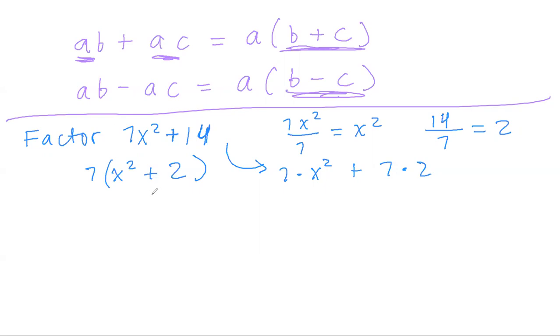It's the same idea as up here. I took out an A, but what's left? I still have a B and I still have a C. So same thing here. I still have an x squared, so I need to put that there. And I have a 2 left over from when I took the 7 out of 14. And remember, we're dealing with multiplication and division, not addition or subtraction.